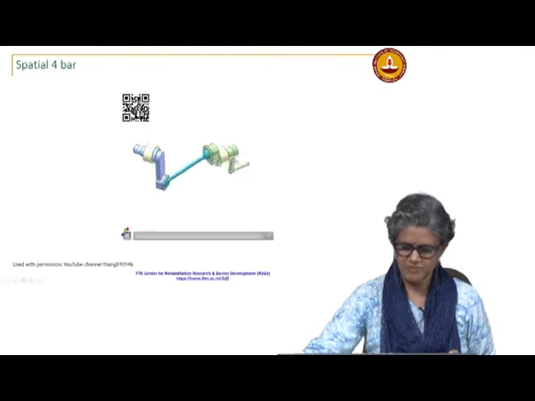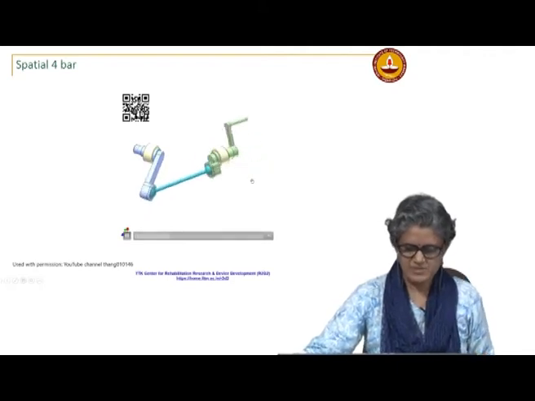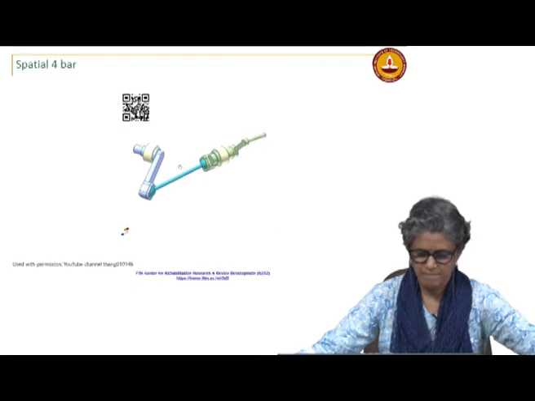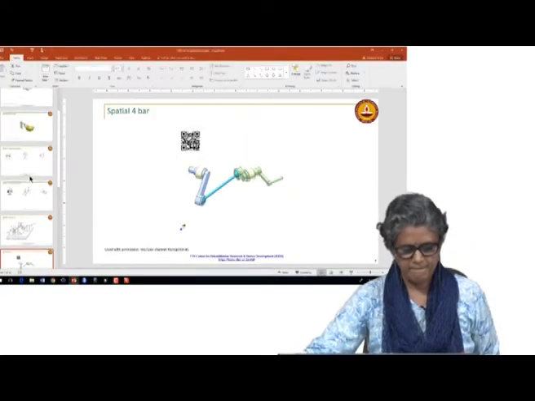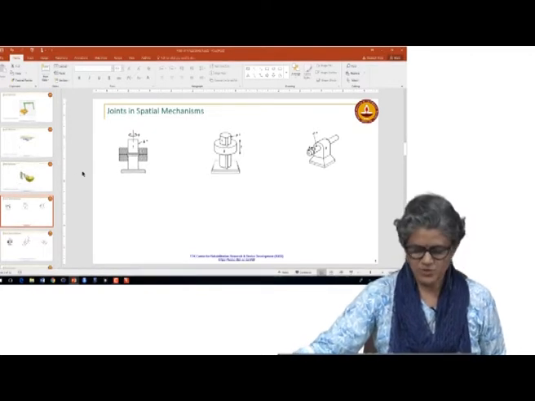The links are all in different colors. You can see the bearings, and that is the fixed link. So, this is a spatial 4-bar.